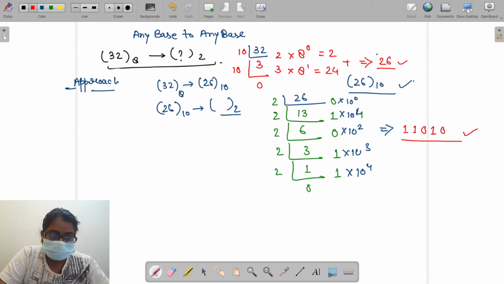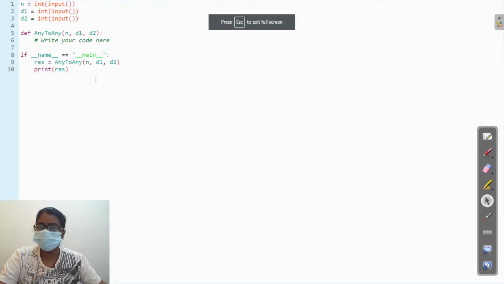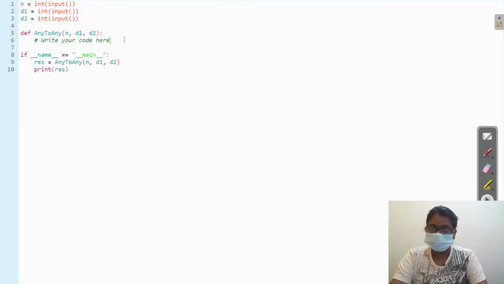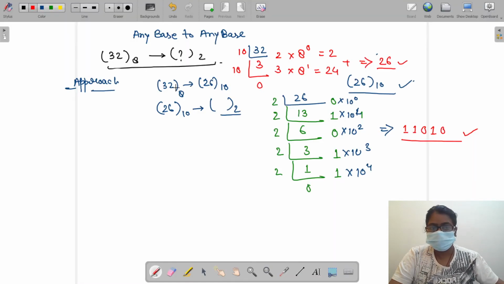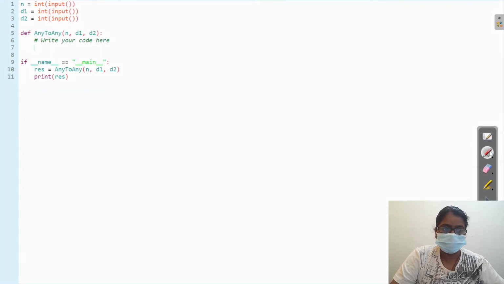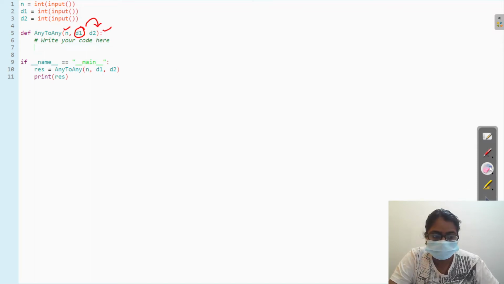Now let's go to the IDE and code it. First of all, here is a number n, which is given in base d1, and we have to convert it into base d2.